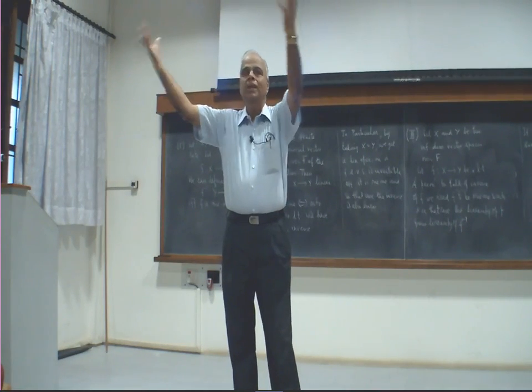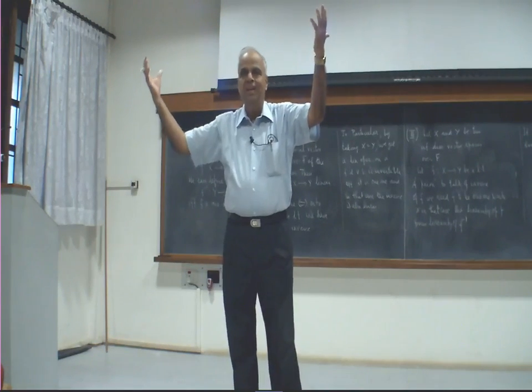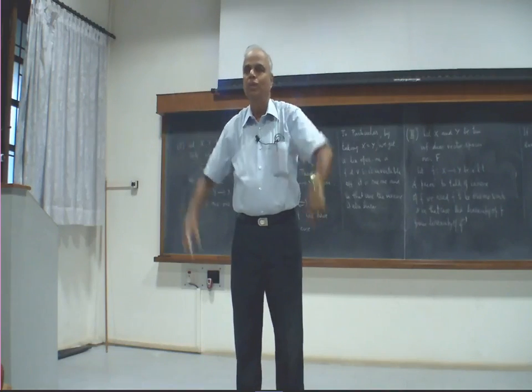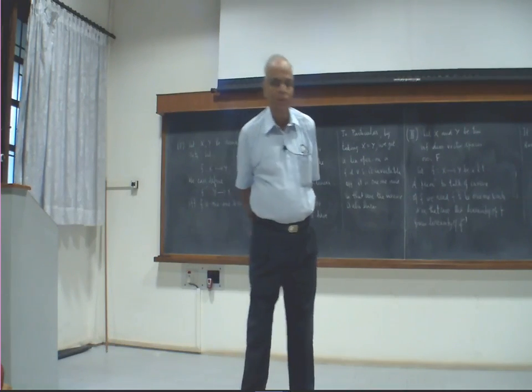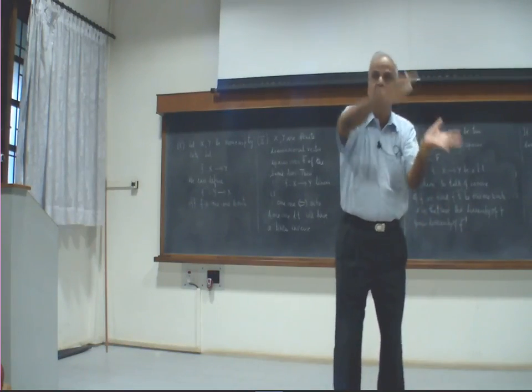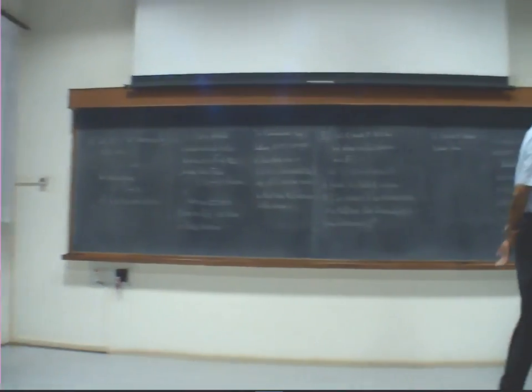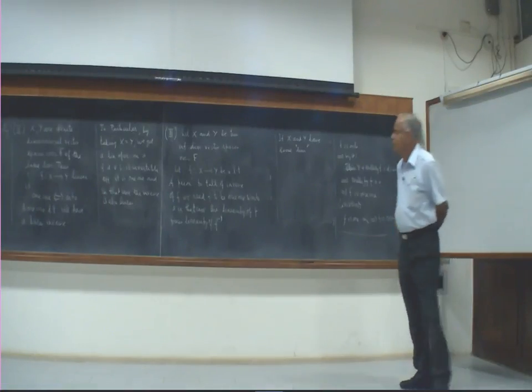What do you mean by saying they have the same number? They must have the same cardinality. That means there should be a 1-1 correspondence between the vectors in this basis and the vectors in that basis. That is what is meant by saying they have the same dimension.